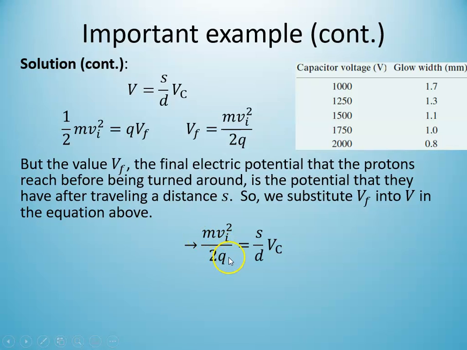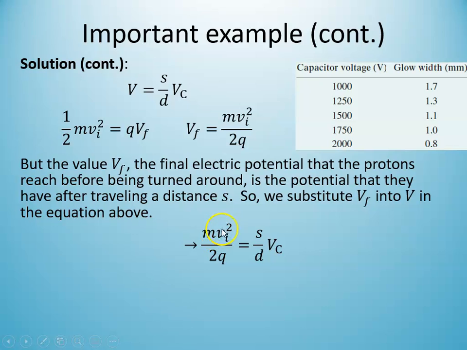Q is the charge of a proton, that's a constant. S is something that we measure, that's the glow width. D is something that's fixed, that's the 2 millimeter plate separation. And V sub C is something that we actually change. In other words, V sub C is the independent variable, and S is the dependent variable.